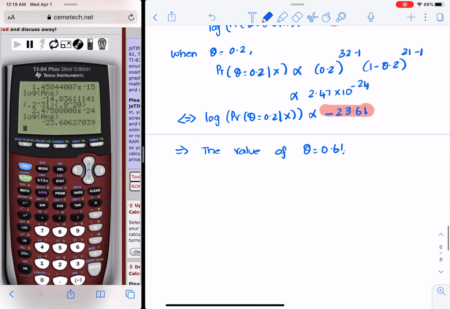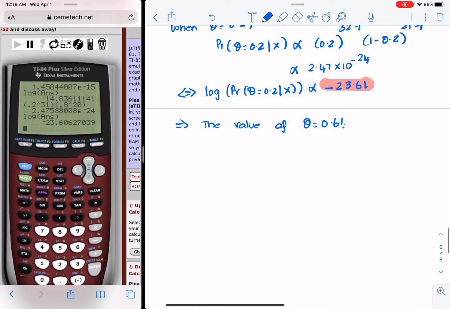So what is our conclusion? The conclusion here is that the prior didn't have a significant effect on the posterior.